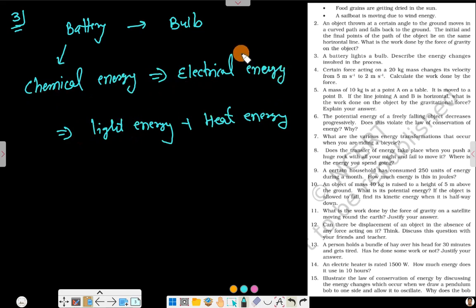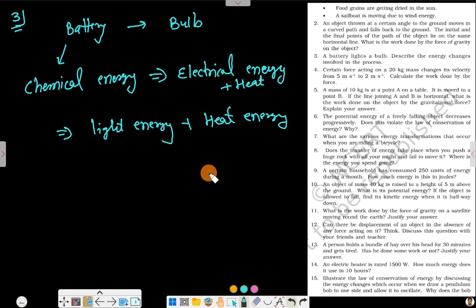And actually, from chemical to electrical there is also heat, because when that converted electrical energy moves through the wire, some of it gets converted into heat. That's why wires get heated, and only the remaining part of the electrical energy gets converted into light plus heat energy.